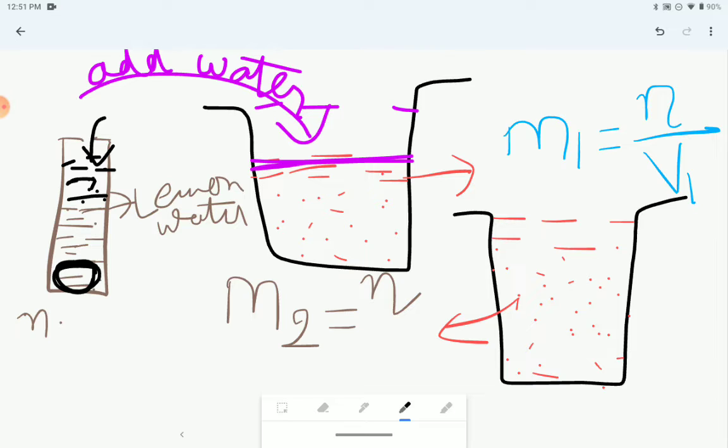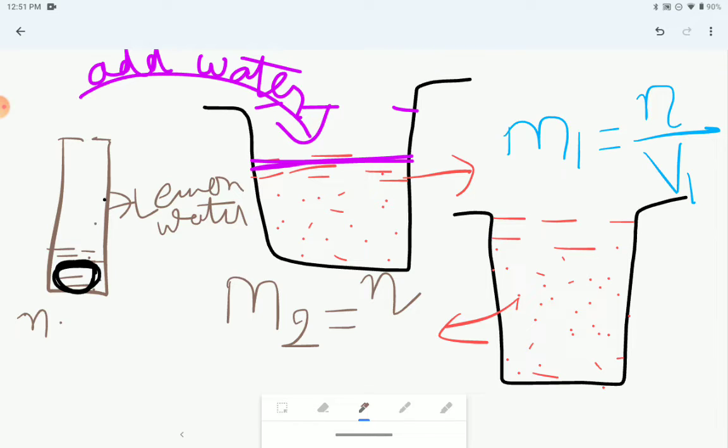I'll give you another example. If you are pouring out the solution present in this, then the liquid goes down to here. Even when we pour out the water from the bottle, the number of moles of solute will remain the same.